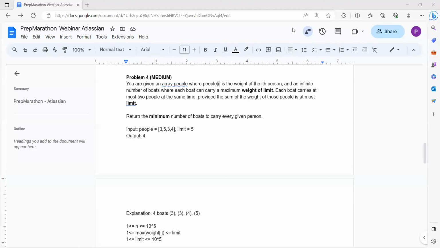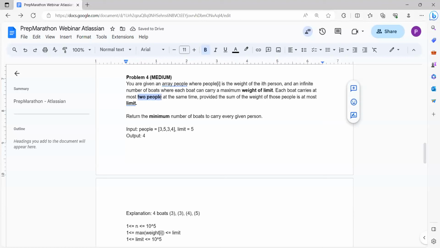Use pen and paper and you can take this example. If you have four people with these weights, 3, 5, 3 and 4, and the limit of the boat is 5, in this case you require four boats. Person 1 can go in one boat, 2 can go in one boat, 3 can go in one boat, 4 can go in one boat. One more thing that many people are missing is this: each boat carries at most two people.